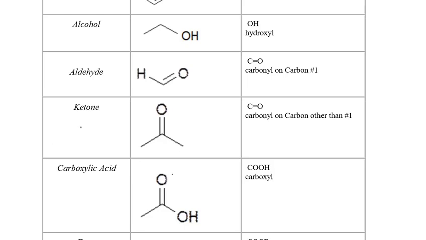Aldehydes and ketones are related to each other because they both have a carbonyl group, which is a C double bonded to O. The difference is the location of the carbonyl group. In an aldehyde, it's located on the first carbon, whereas in a ketone, it's somewhere in the middle of the chain. This leads to different chemical properties, which we would study later on in chemistry. At this stage, it's about recognizing the differences.